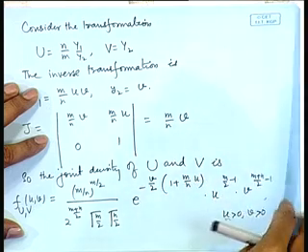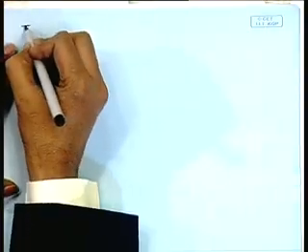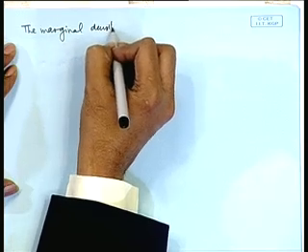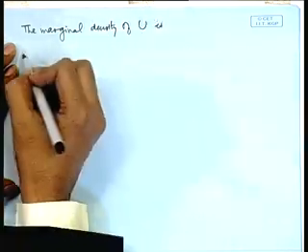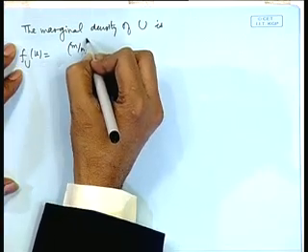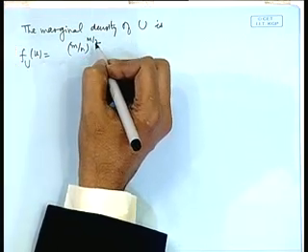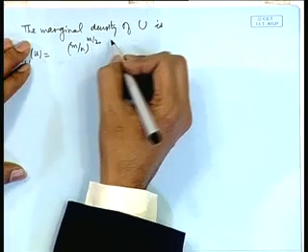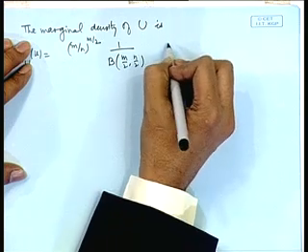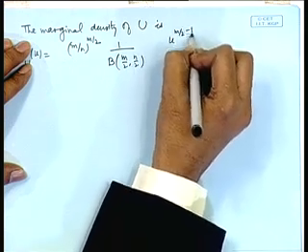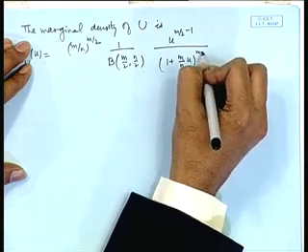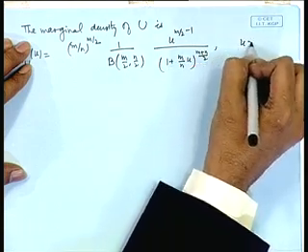So, using the standard argument, the marginal density of u is then f of u is equal to m by n to the power m by 2, and after the cancellation of the terms we will get it as 1 by beta m by 2, n by 2, u to the power m by 2 minus 1 divided by 1 plus m by n u to the power m plus n by 2, for u positive.